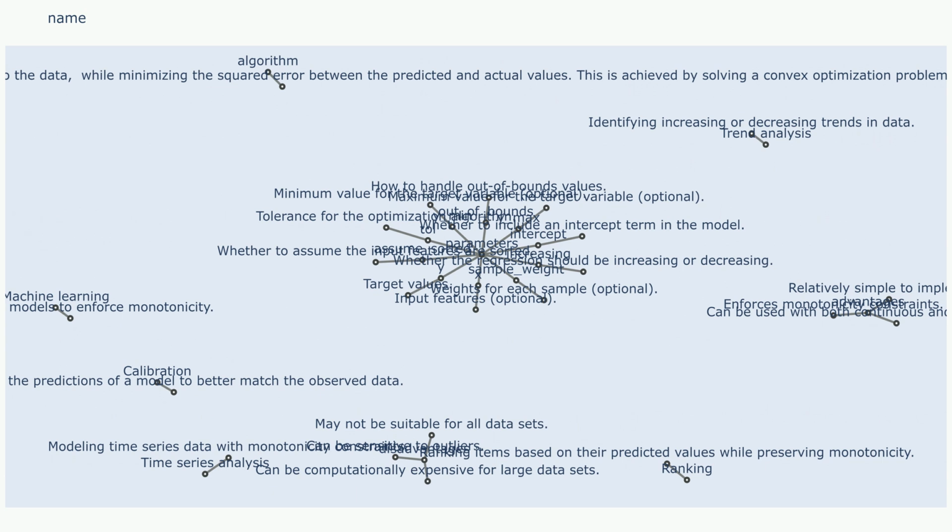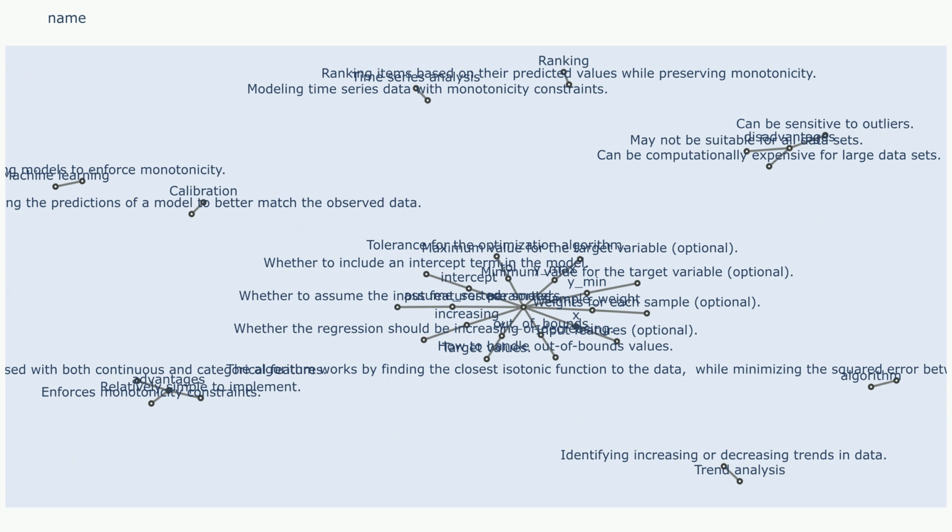1. fit(X, Y). Purpose. This method trains the isotonic regression model using the provided input features X and target values Y. Inputs. X: a 1D array or list of input features. This is the independent variable against which the monotonicity is enforced.